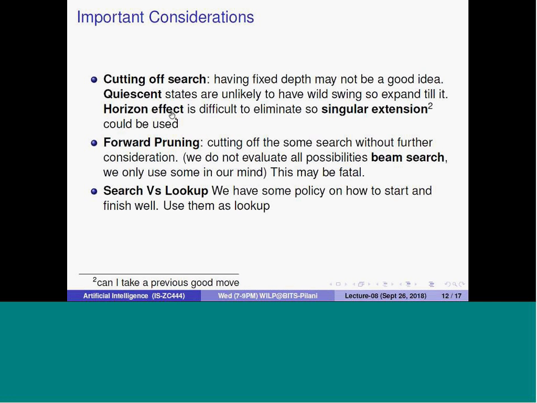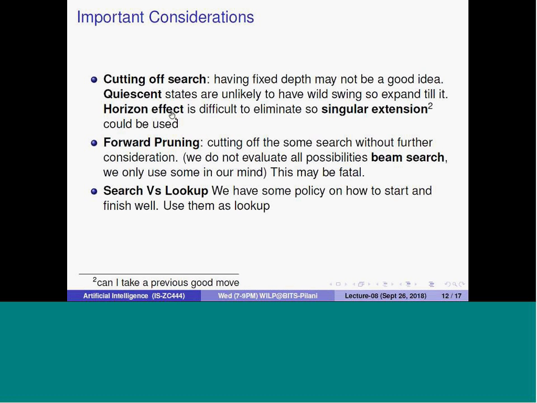What is the horizon effect? There would be a state where you see that there is a big problem because somebody is attacking me, and I cannot stop it. He is going to capture one of my pieces. So what you can do sometimes, although you cannot immediately save your piece, is take your time, because you can roam around and make some other moves. So he cannot take that move right now.